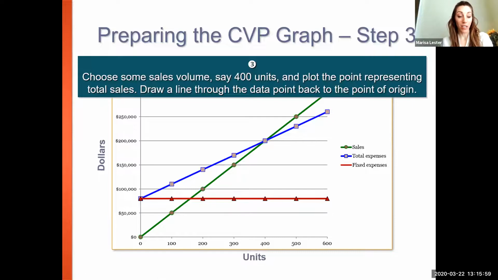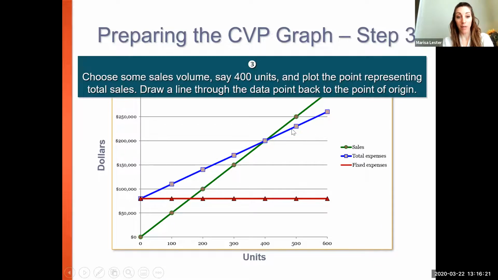That was my sales price per unit. So if I sell 0 units, I am operating at a loss of $80,000 because I still have $80,000 of expenses. But my slope of my total sales line is steeper, right?